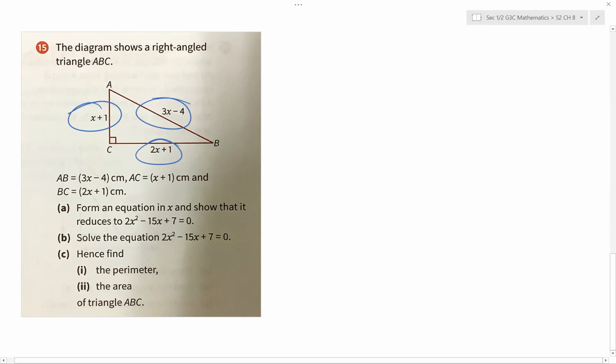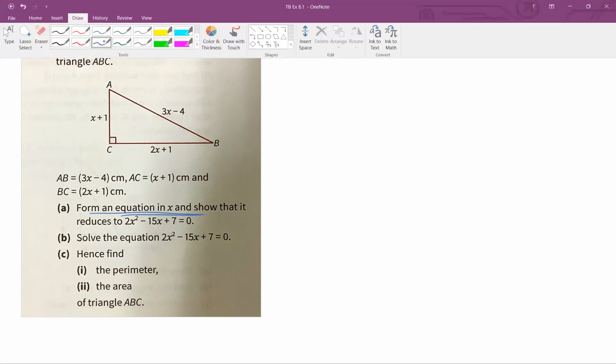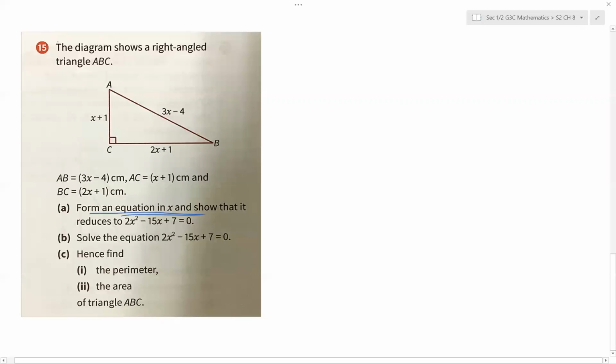So you're going to be doing expansion of your algebra already. Form an equation. How to form equation? Well, we know that it's a right angle triangle. So the sum of the squares of the two sides must be the square of the longer side. This is us forming the equation.